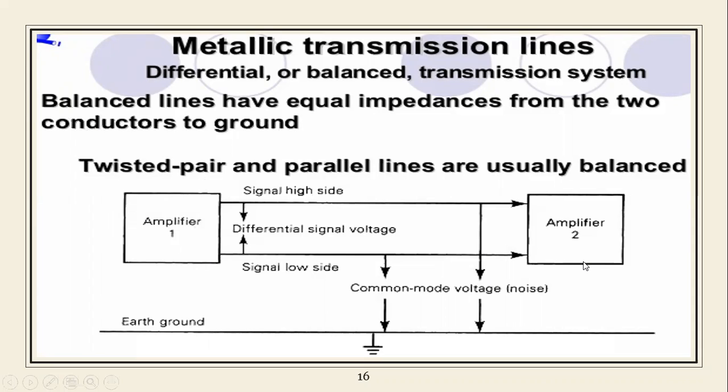So amplifier 1 and amplifier 2, the signals which are traveling from one place to the other place, you can observe how the signals are high at the site, how the differential signal voltages are there, how the signals are low side, how the signals are high side, how they are traveling from the down to up or from the top to the bottom and the bottom to the top inside the wires.